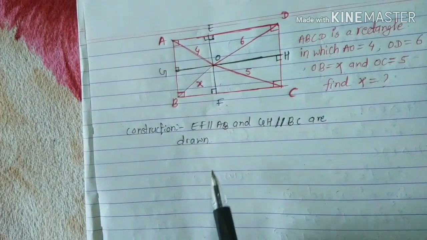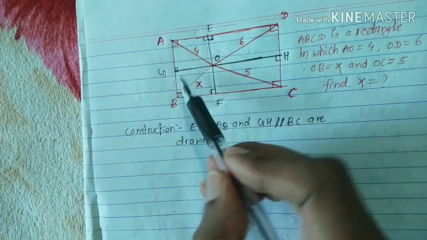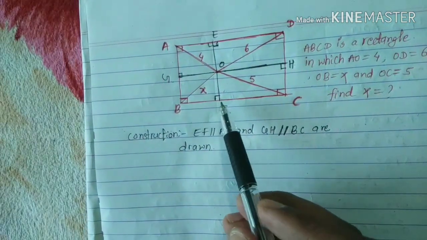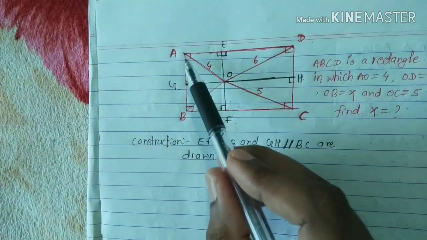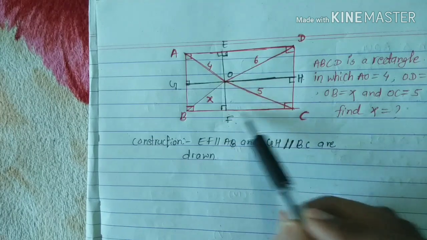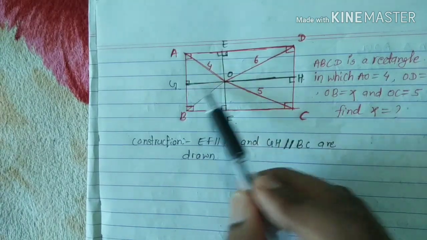After the construction, we finally have four small rectangles. This is one rectangle, this is another one, and this is the other one, and this one is the last one. So we have four small rectangles.